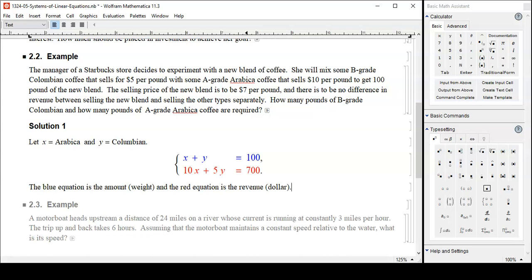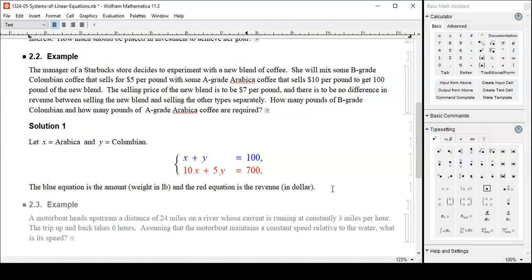Blue, we are talking about the weight amount, weight in pounds. And the red equation is the revenue. Okay, all right. Now the setup is complete.